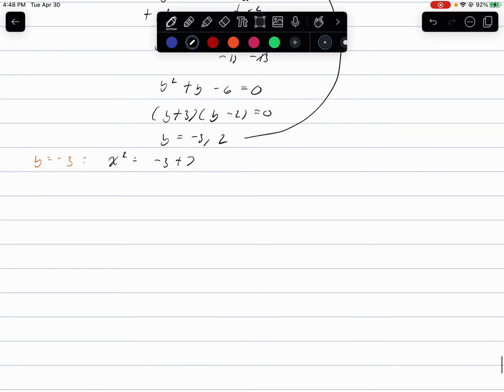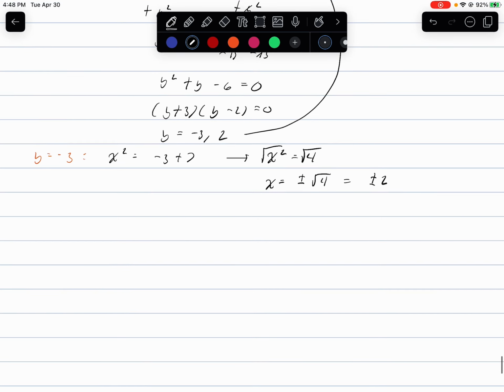So if we have x squared is equal to negative 3 plus 7, that's going to give us x squared is equal to 4. Then if we take the square root of both sides, we're going to have x is equal to plus or minus the square root of 4, because remember, we have to do the positive and negative here. Specifically, plus or minus 2. So we actually get 2 points just out of y equals negative 3: positive 2 and negative 2.